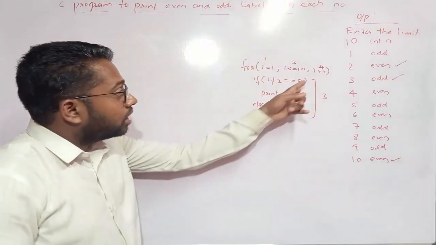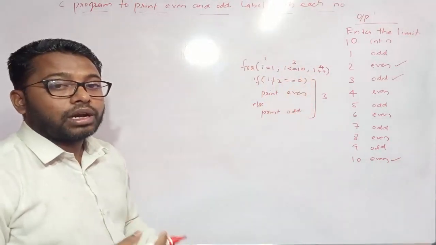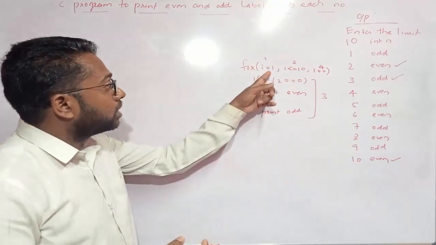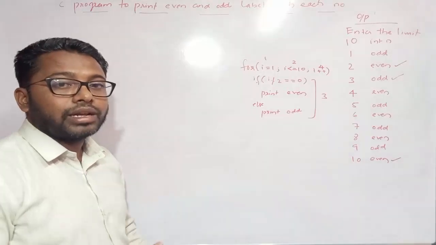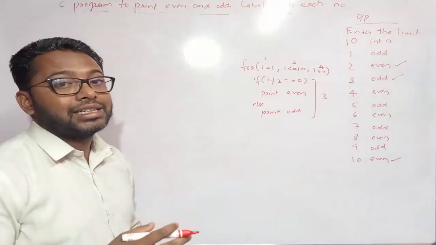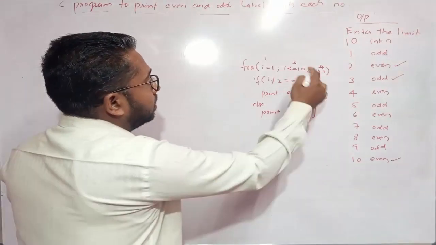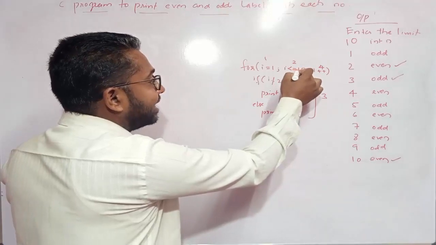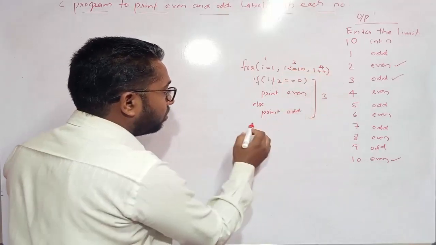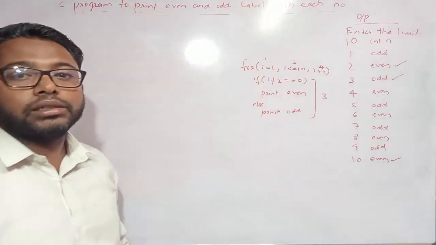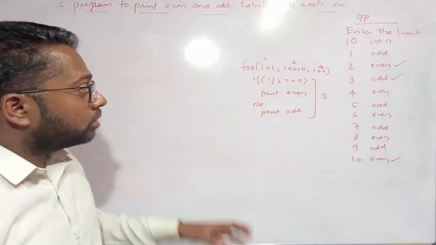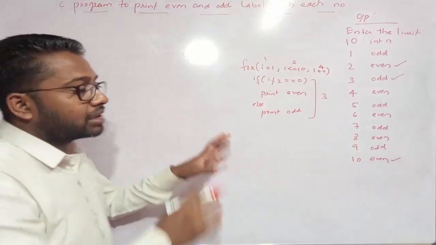And again, i gets incremented by 1. Now the i value becomes 11. For i equals 11, we check whether 11 is less than or equal to 10. No, the condition didn't get satisfied. Since the condition itself didn't get satisfied, control comes outside the for loop. So this is how this logic works.